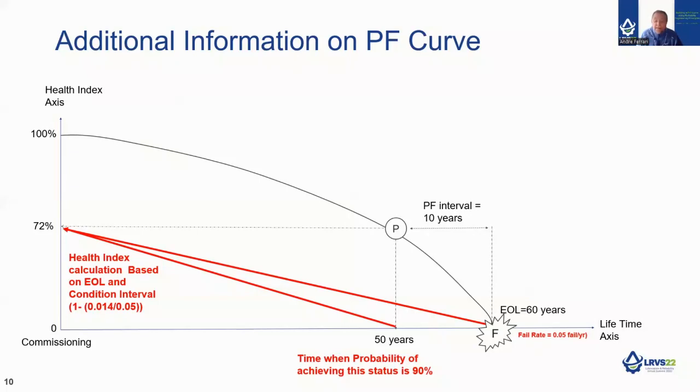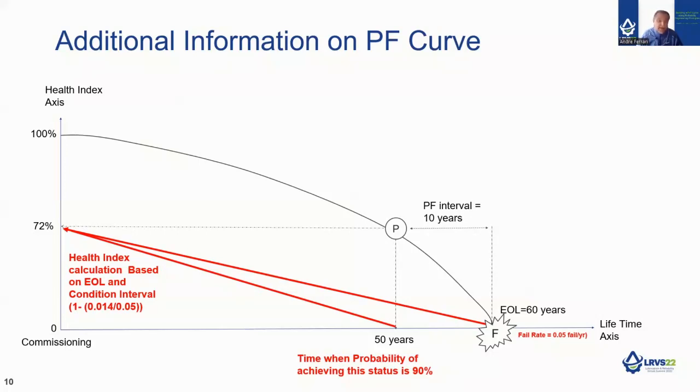Therefore, the P point health index is obtained by putting 50 years in the end-of-life distribution, the famous Weibull distribution I defined earlier, and obtaining the failure rate at the same 50 years. If we inject the 50-year mark into the EOL distribution, the failure rate becomes 0.014 failures per year.